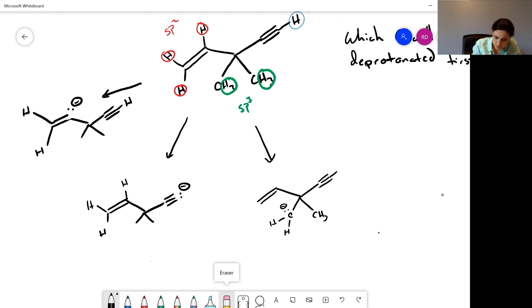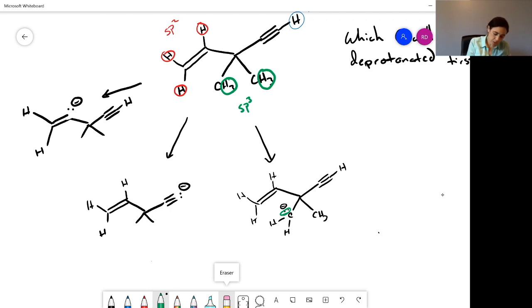Now, these two methyl groups are equivalent, so it doesn't matter which one we're looking at. So if we're looking at each of these, we see that this lone pair sitting here was part of an sp3 hybridized carbon and is now sp2.